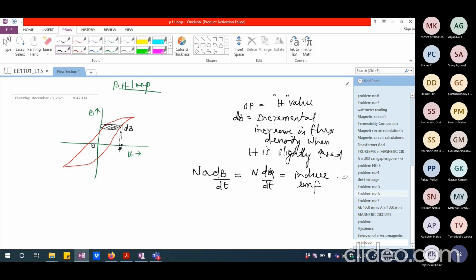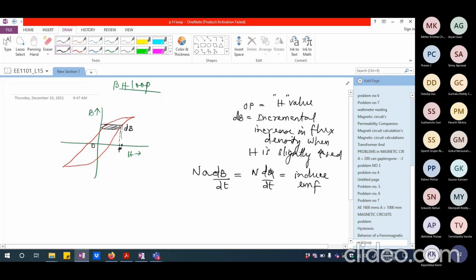Now, this induced EMF is actually going to resist the change of the magnetic domains' direction. So to make them change their direction, you have to necessarily apply a voltage such that it is going to push these magnetic domains to do the work of turning around completely.